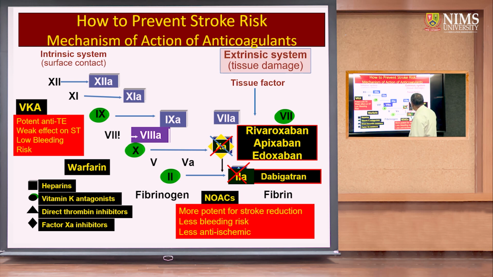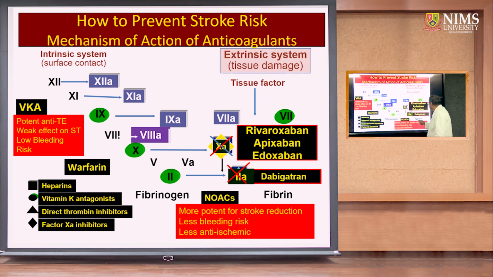But if you look at NOACs, there are two types of NOACs. NOACs are novel oral anticoagulant agents, and heparin is of course an IV agent. It is not an oral agent. Heparin or low molecular weight heparin are IV agents, but the other three are all oral agents.